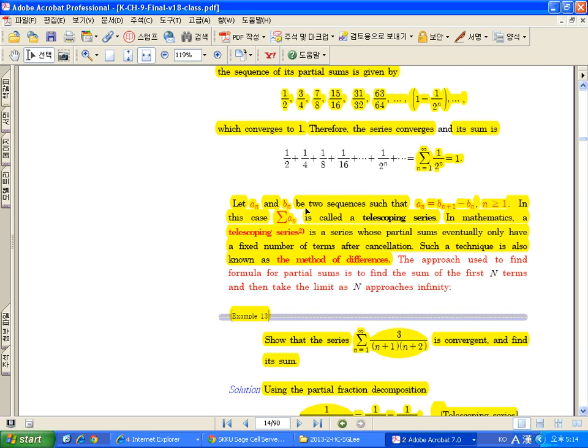Let A and B be two sequences such that An is equal to B(n+1) minus Bn for all n greater than or equal to 1. In this case, summation An is called a telescoping series.